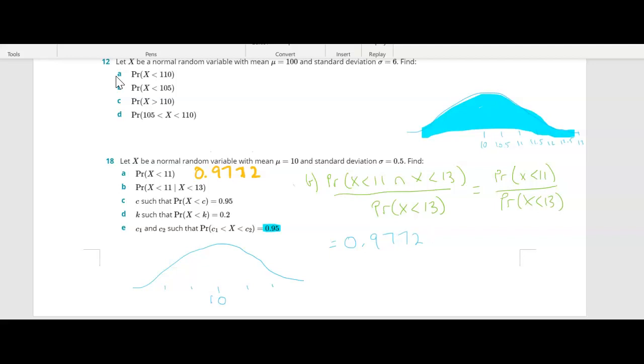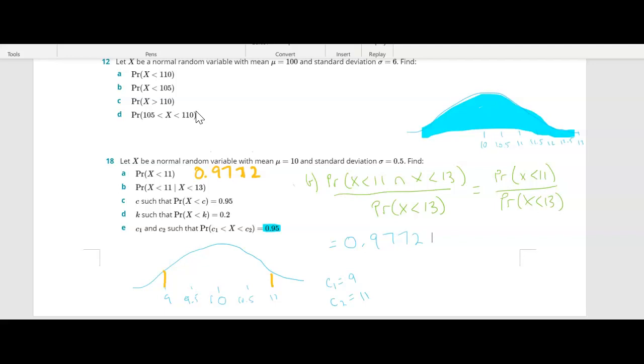So we're 0.5 standard deviations above, so 10.5 and 11, and then 2 standard deviations below, 9.5 and 9. So C1 is 9 and C2 is 11.